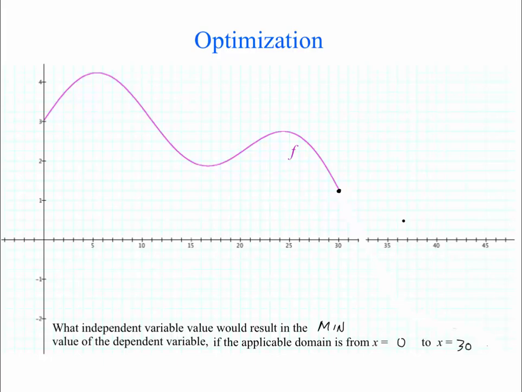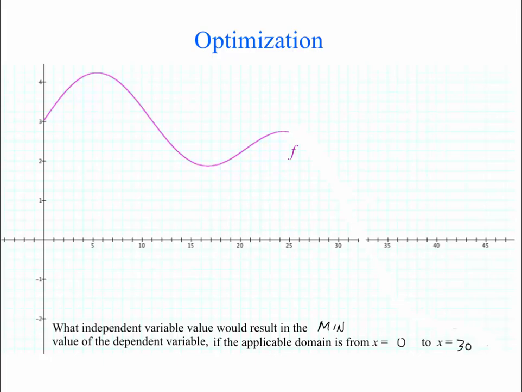All right, what if I did from 0 to 25? And I want the min from 0 to 25. What's going to find it now? 16.5, right? The local min is going to find it.